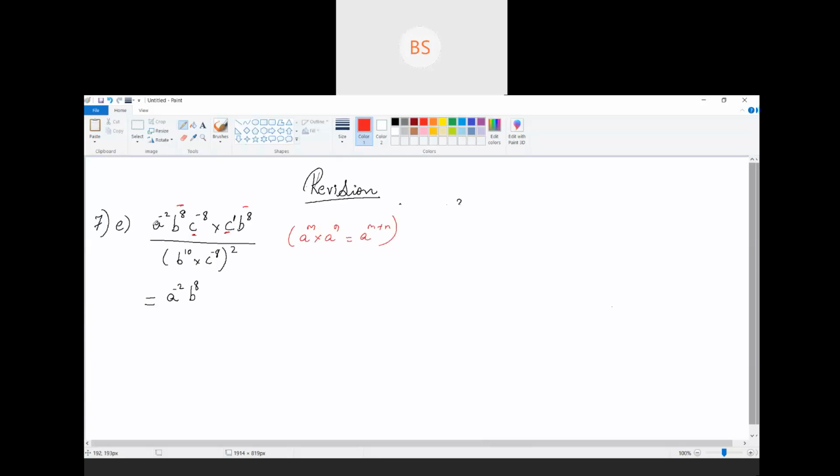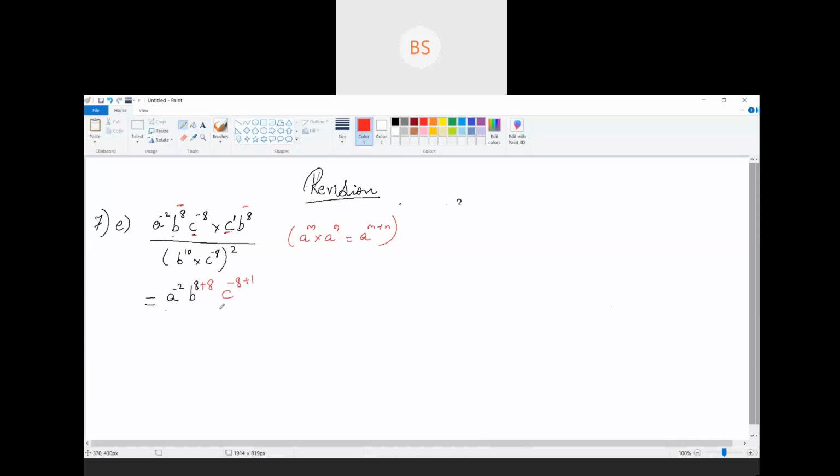So now this a will be as it is, that is a raised to minus 2. Now here I have b raised to 8 and b raised to 8, so this will become b raised to 8 plus 8. And here we have c and c, so this will become c raised to minus 8 plus 1.